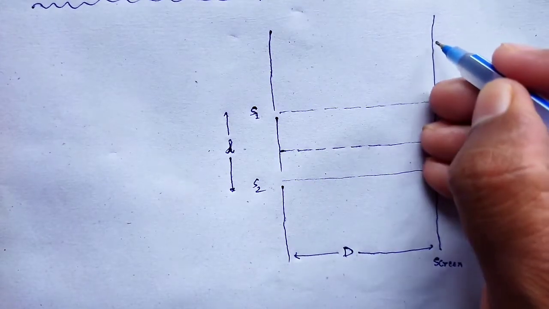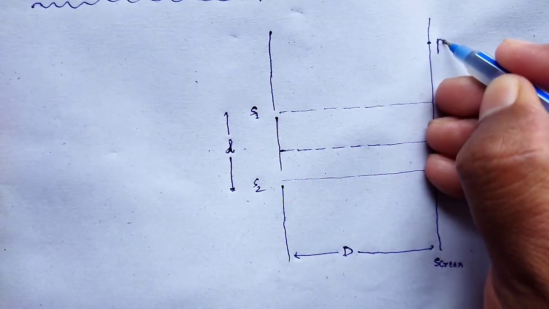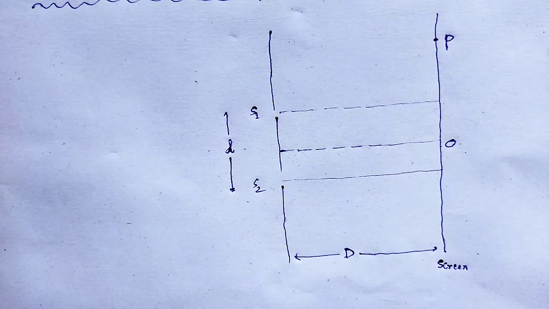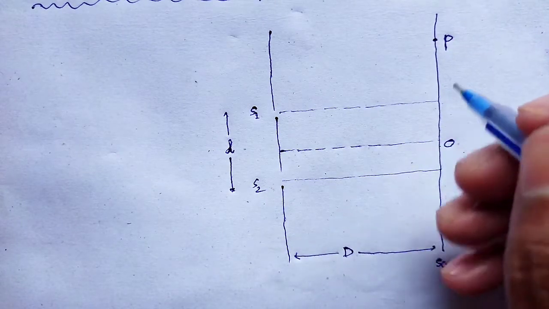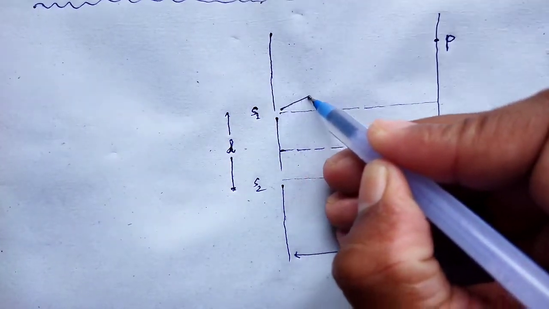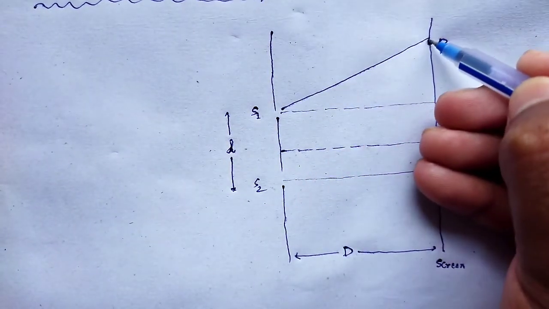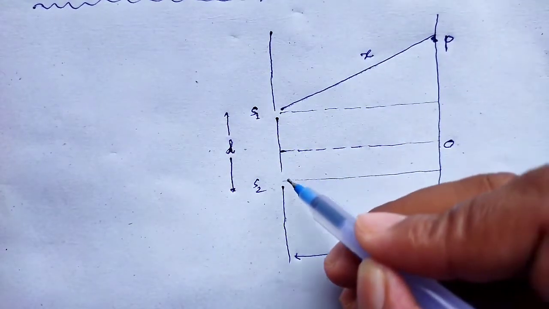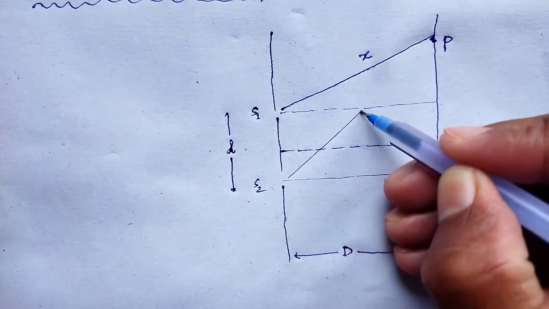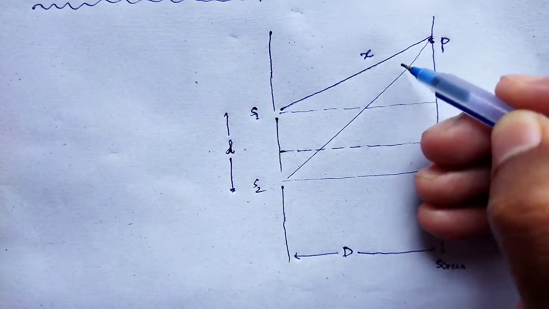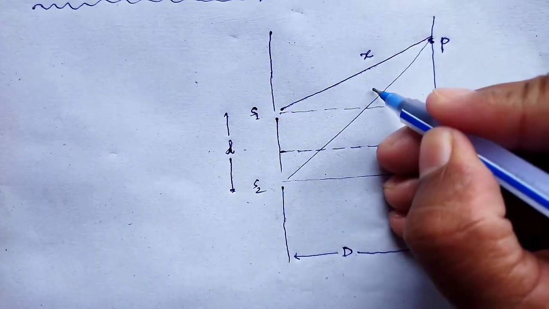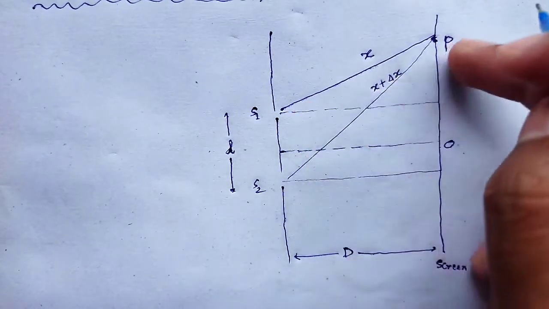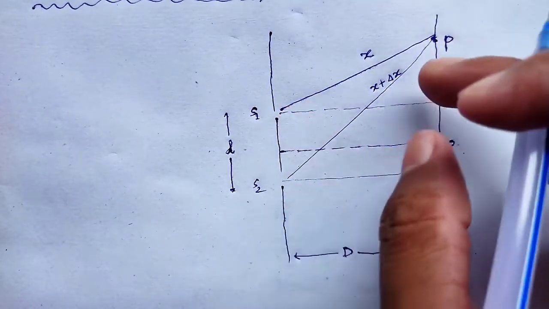Here I take a point P at which you observe, that is a distance of x from S1, also a distance here x plus del x. x plus del x means the path difference between these two is del x.